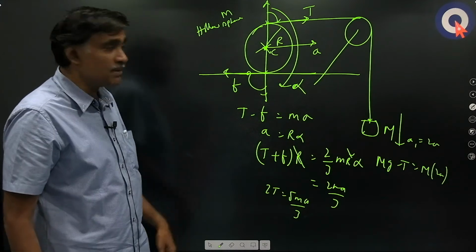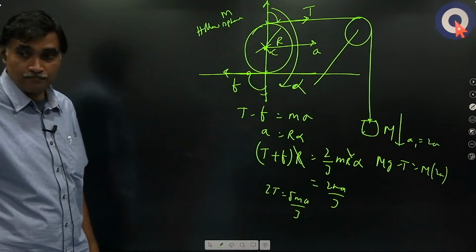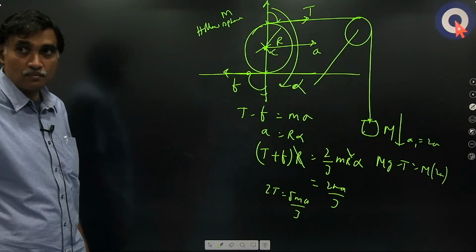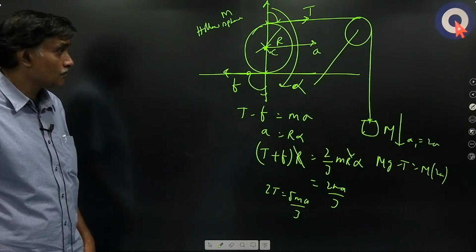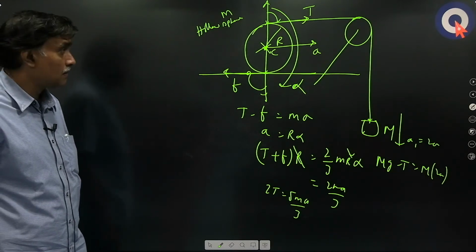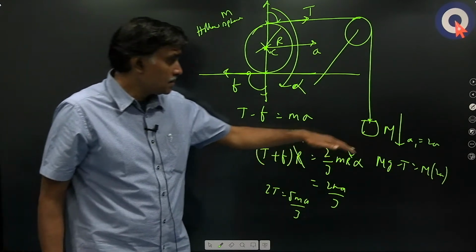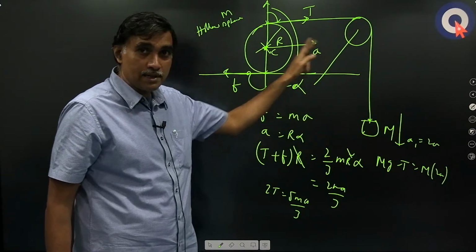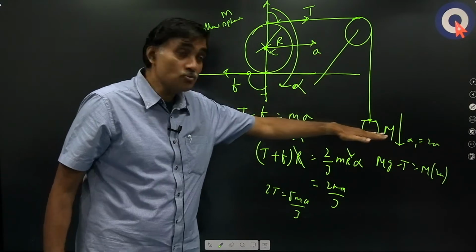If you do by energy method, we'll assume, let us say, it moves by x, then it comes down by 2x.